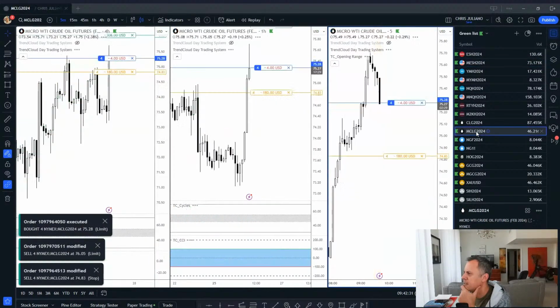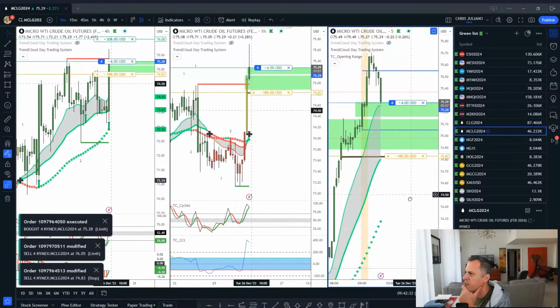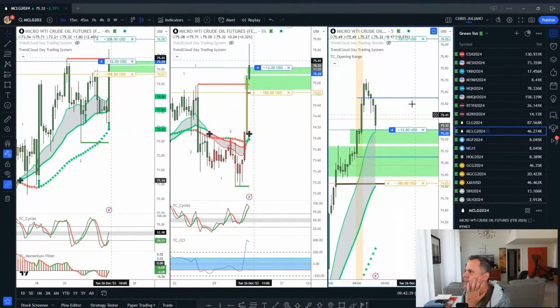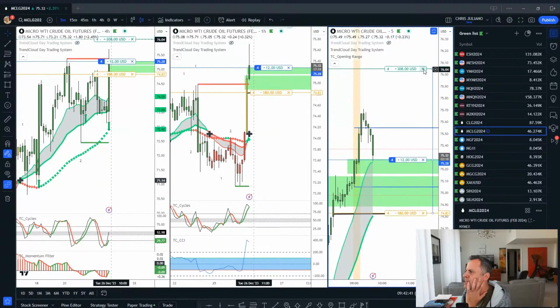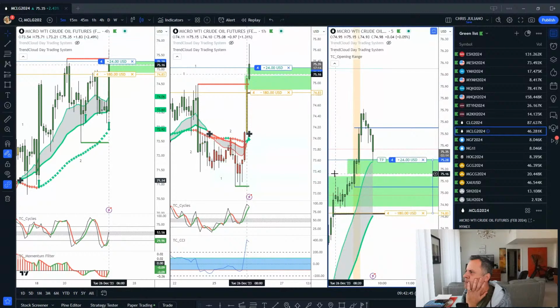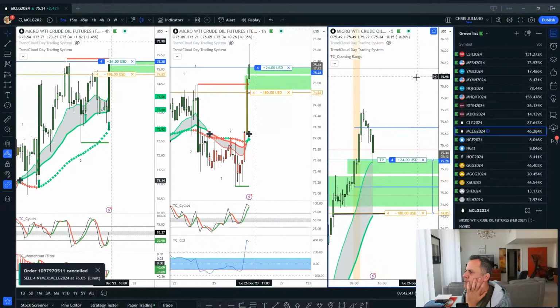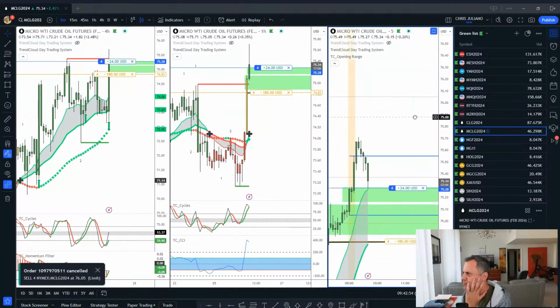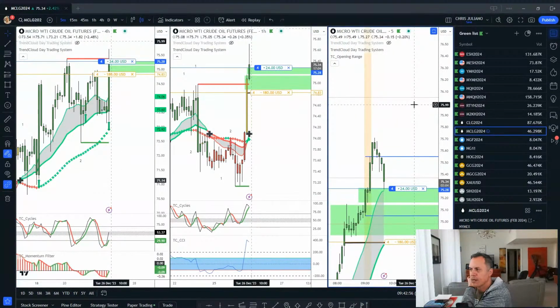Crude oil got us in. All right, so we are in crude oil. Let's see where it takes us, okay? Let's get rid of that. And let's put our target. Let's take off 2 right at that resistance level there.